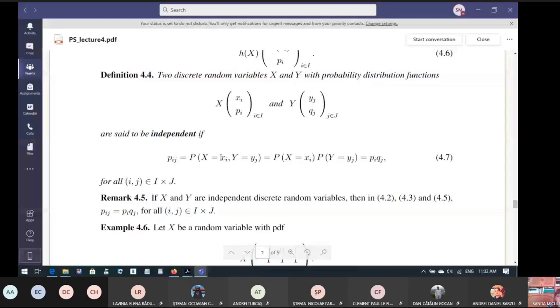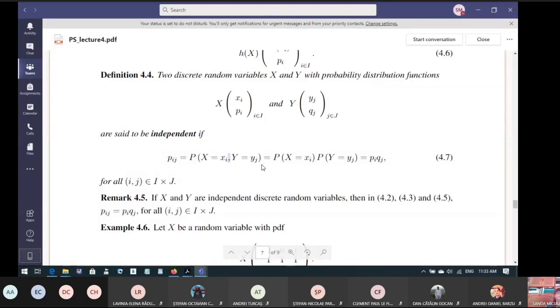X takes the value xi, Y takes the value yj. This comma here, when we think about it, means what? Think about the way you say it. X takes the value xi and Y takes the value yj. And, right? We discussed this at the seminar. That means an intersection. And that's exactly what it is. It's the intersection of these two events.